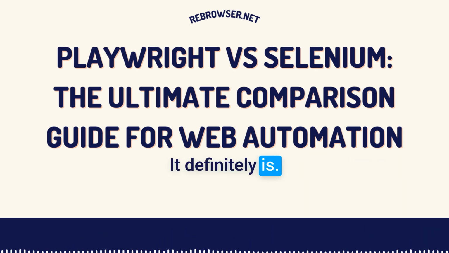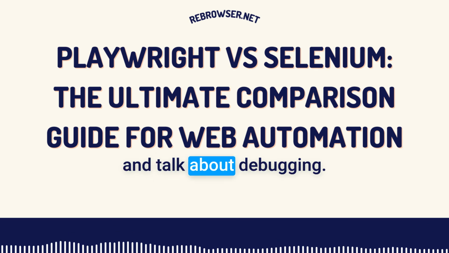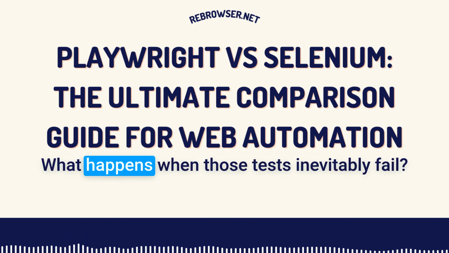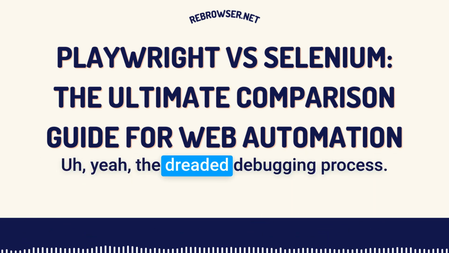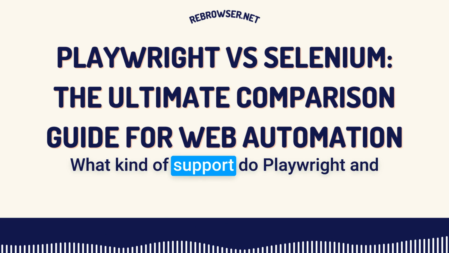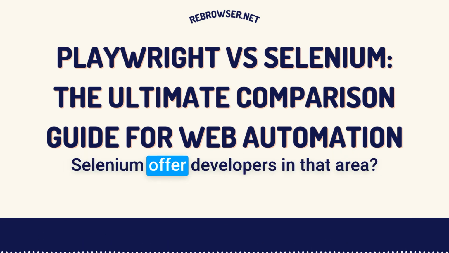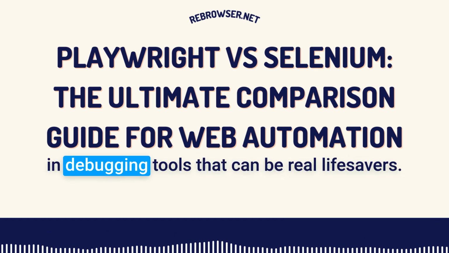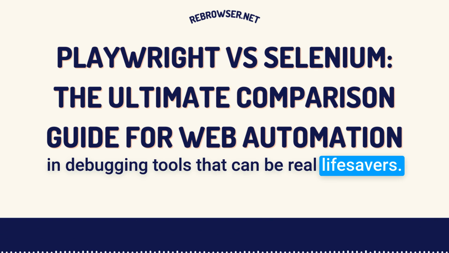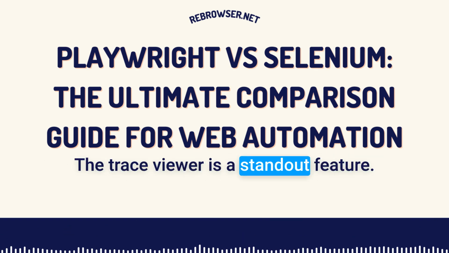It definitely is. All right, let's switch gears now and talk about debugging. What happens when those tests inevitably fail? Yeah, the dreaded debugging process. What kind of support do Playwright and Selenium offer developers in that area? Well, Playwright has some truly impressive built-in debugging tools that can be real lifesavers. Tell me more. The Trace Viewer is a standout feature.